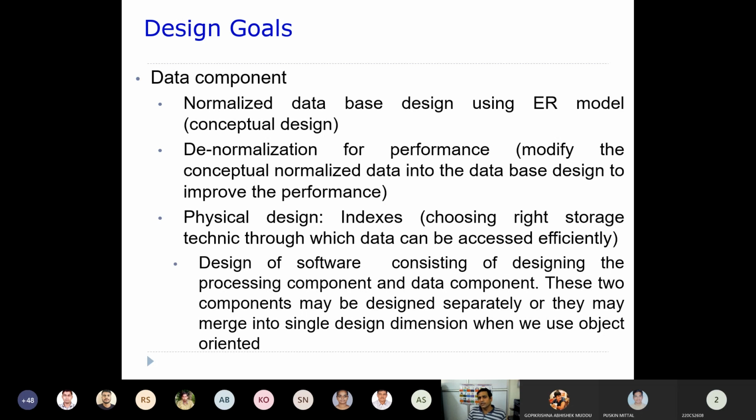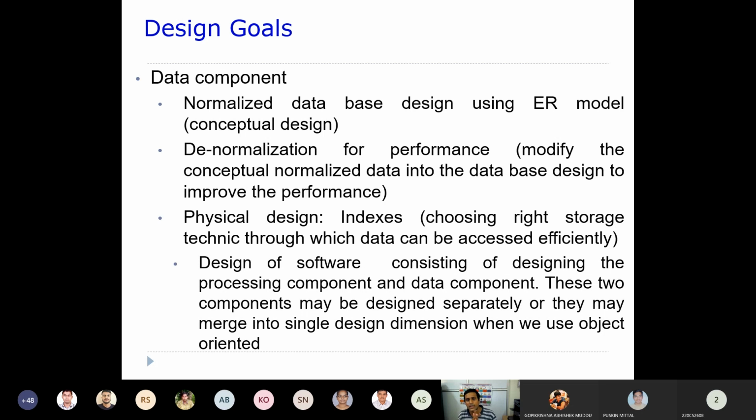This is the way that you convert a conceptual design into a database design. That also needs to be mentioned here.